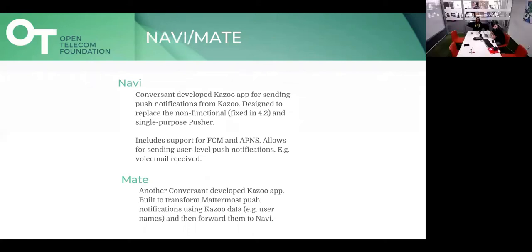Some of it. So we created Navi a while back and tried to submit it back to 2600 Hertz, who basically said that Pusher already existed and they liked that. But actually that turned out to be quite a good thing, because once we started using our original version of Navi, it was quite buggy.